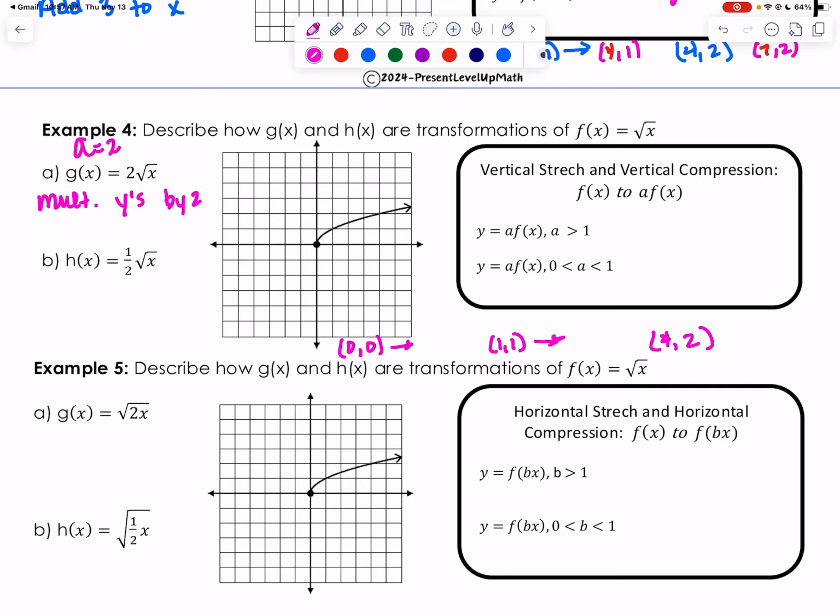All right, if I multiply the y's by 2, 0, 0 will still be 0, 0. Okay, if I multiply the y value of 1, 1 by 2, I would get 1, comma 2. And here, 4, comma 2, if I multiply the y value by 2, I would get 4, comma 4. So that would be right here.